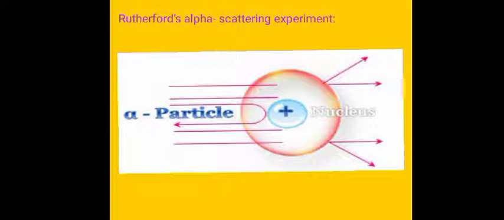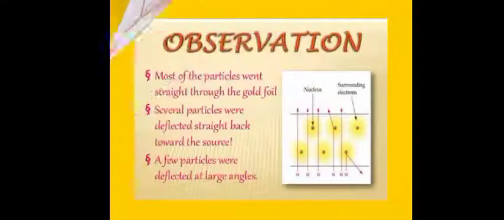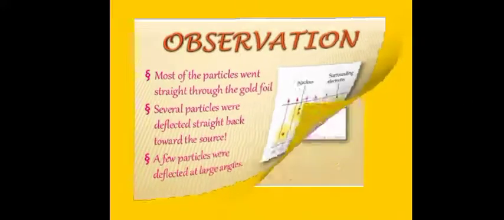Some of the particles were reflected back because in between there is a positively charged particle present. He made these observations: most of the alpha particles passed through the gold foil without any deflection of their path. Several particles were deflected straight back towards the source, and few particles were deflected at a large angle. These are the observations Rutherford made after doing the experiment.